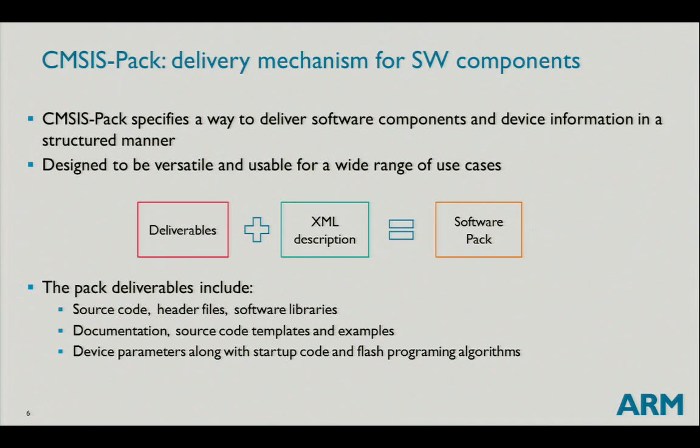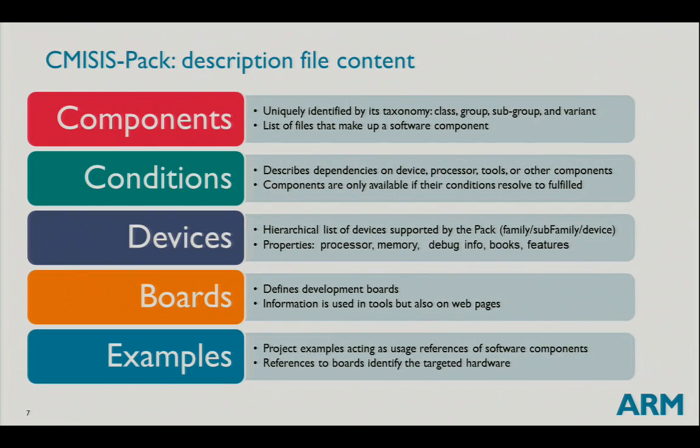Technically, a CMSIS-Pack is a zip file which contains the source code, headers, documentation, examples, device information, plus an XML description, the pack description file, which in turn has several sections: the components, conditions, devices, and so on.